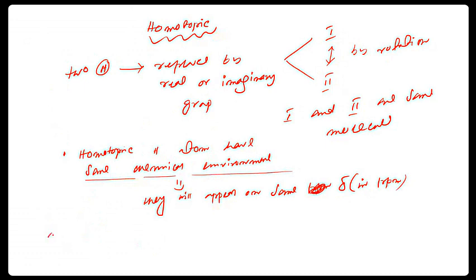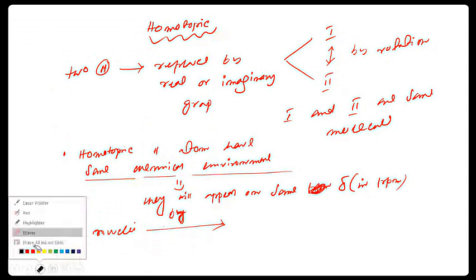So we have two or more nuclei, like carbon, CH3, this kind of thing. If they are related to each other by symmetry operations, which kind of symmetry operation? Sigma or i, in terms of this symbol.